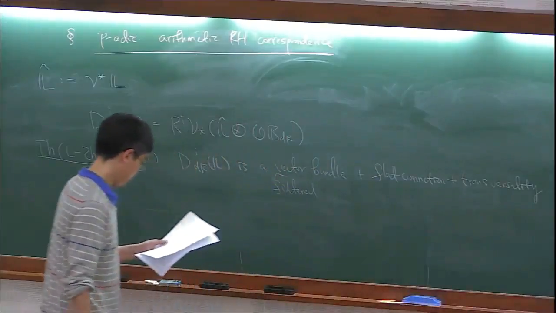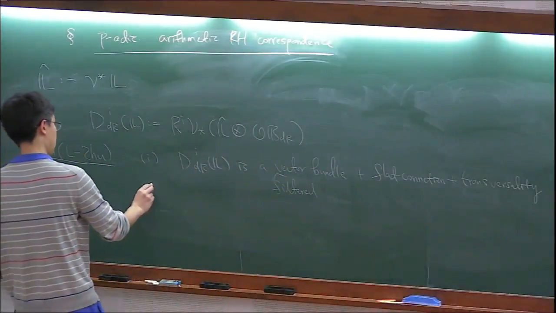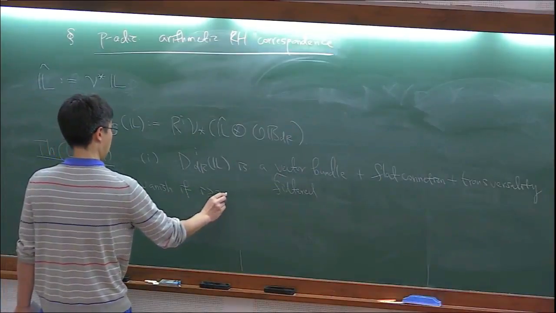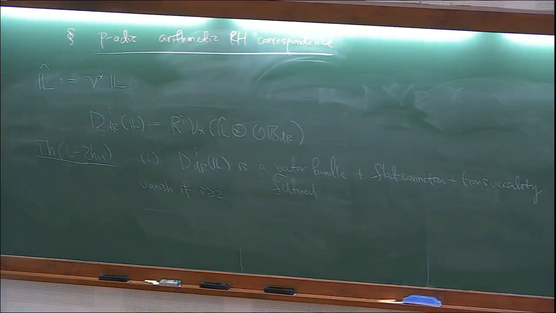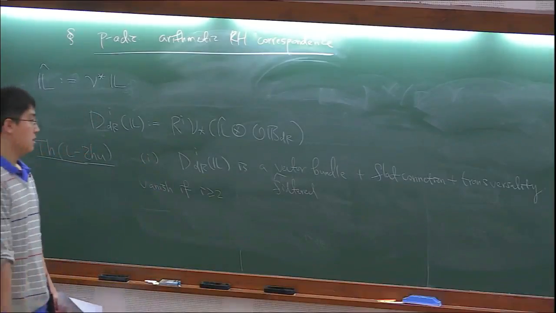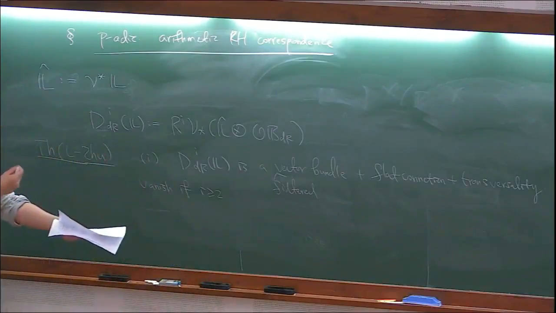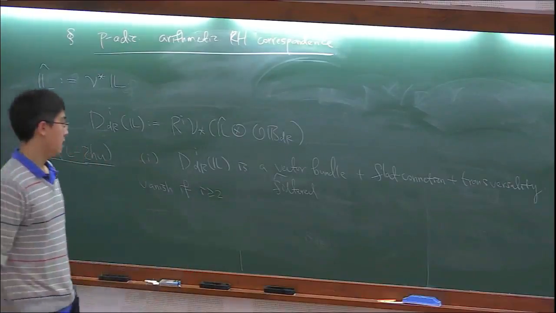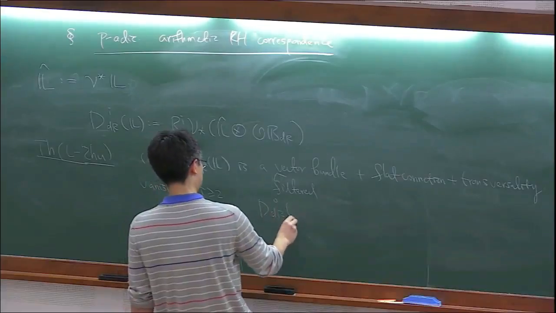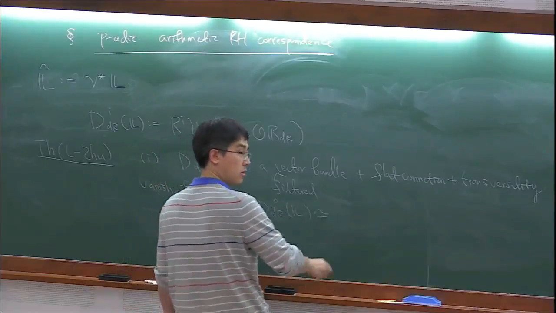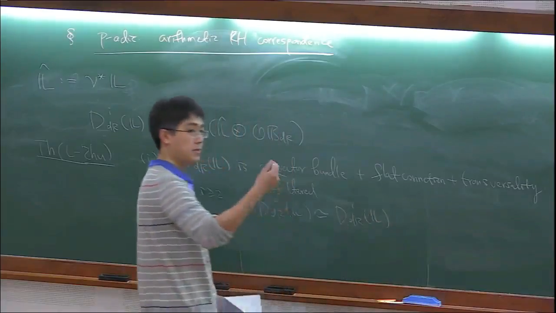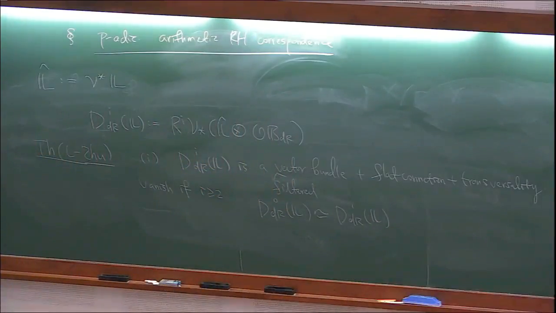And it vanishes if i is bigger or equal to 2. So this means we have DdR_0 and DdR_1. This is exactly the same as the classical case, so H0 and H1. And also, this DdR_0 is isomorphic to DdR_1. This is also the same as the classical situation.